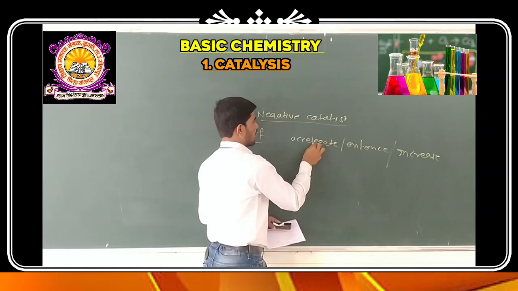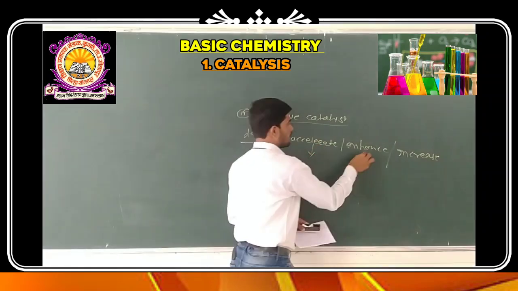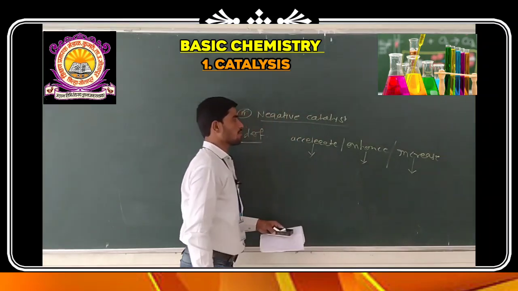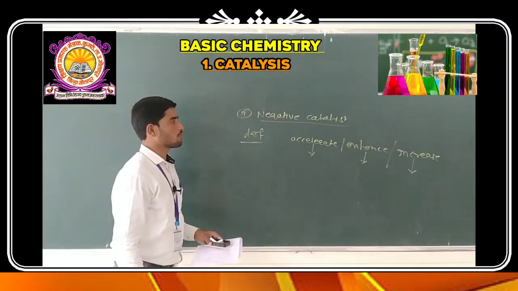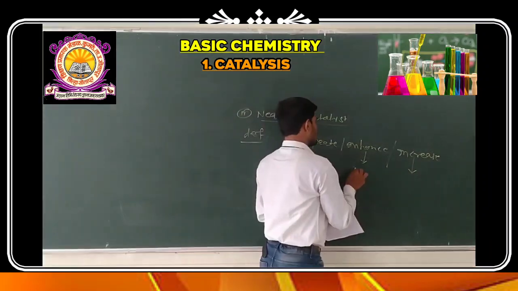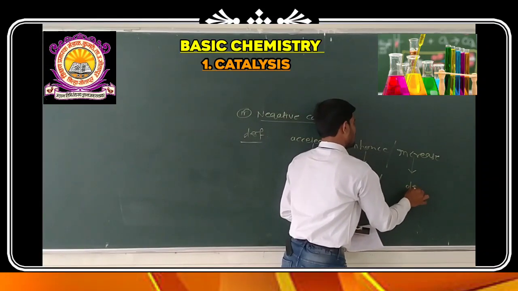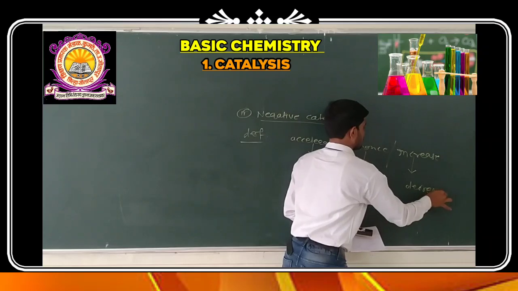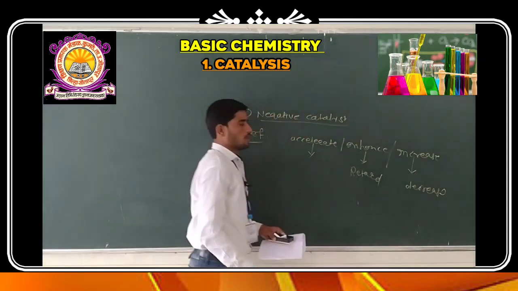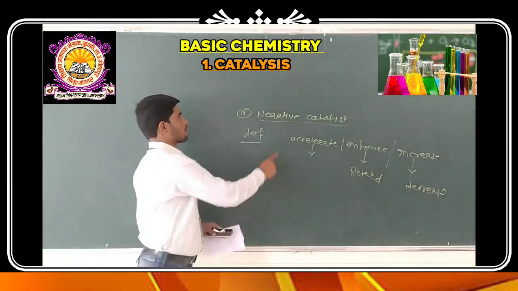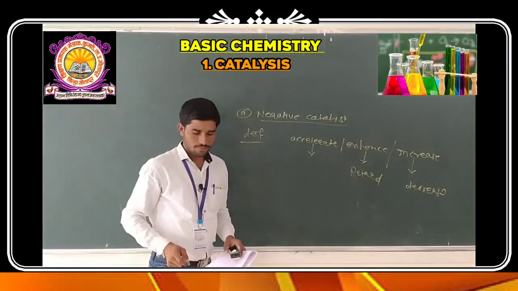So accelerate, enhance and increase, instead of that, we are going to call retard, decrease. Now, by using this knowledge, we are going to prepare a definition of negative catalyst.